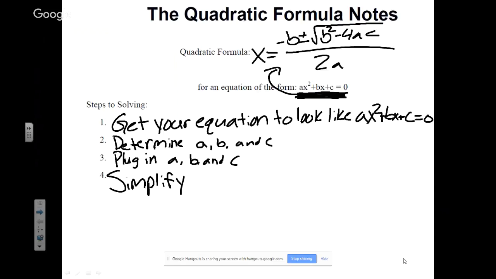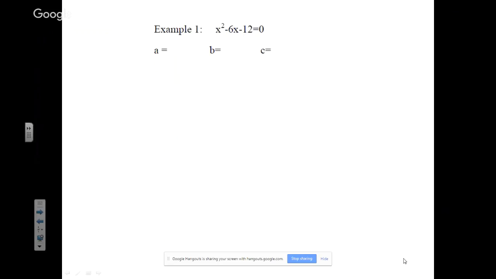Now we're going to go through some of the examples. So the first example, we already have it looking like ax squared plus bx plus c equals 0. So here our a is 1, our b is negative 6, and our c is negative 12.